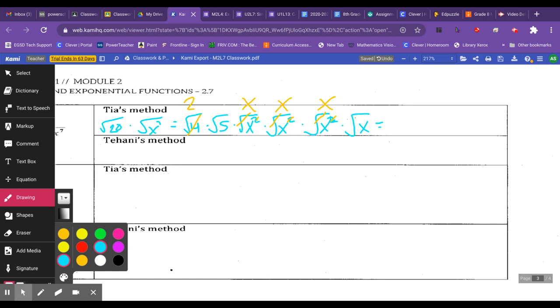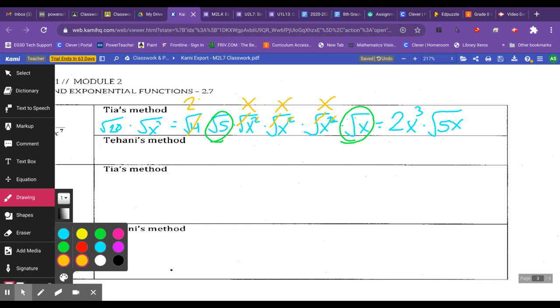So if I put them all together, I have 2 whole. I have 3 x's, so that's x cubed, times, what do I still have in square roots? A 5 and an x. So I can turn that into square root of 5x.